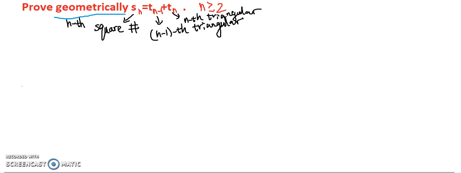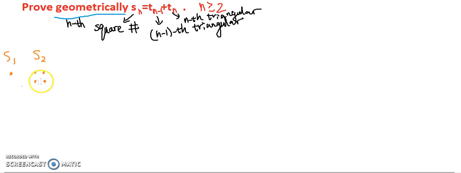First, let's take a look at the square number. By the definition, by the name, we know what a square number is. For example, we're gonna start with S_2. S_1 will just be one dot, one row and one column. So only one dot. S_2 means two rows and two columns. We can count how many here.